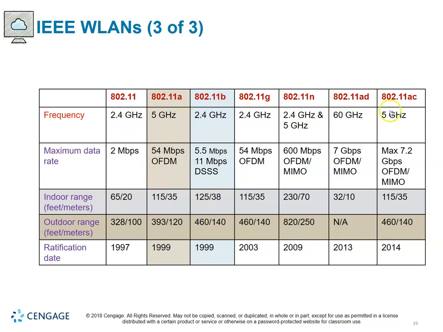Frequency range kind of bounces around a little bit between 2.4 and 5 gigahertz, 60 gigahertz for the AD. But the maximum data rate tends to increase as we move to the right. Keep in mind that 1 gigabit per second is 1,000 megabits per second. Also, you'll notice the range increasing in general as we move to the right, both for indoor and outdoor.